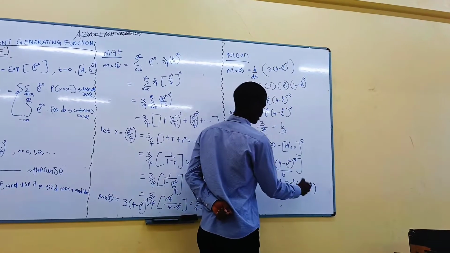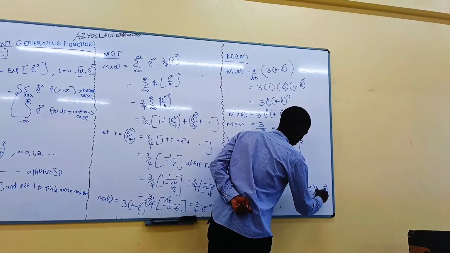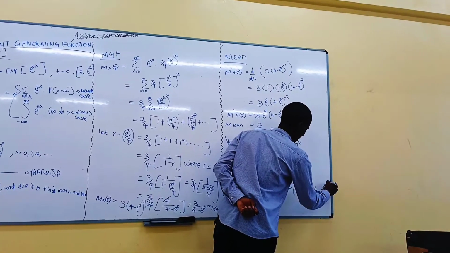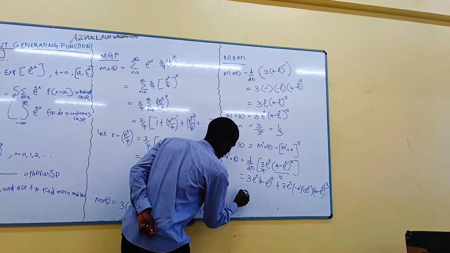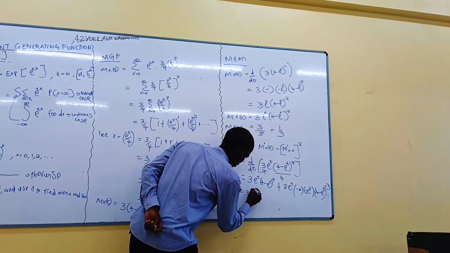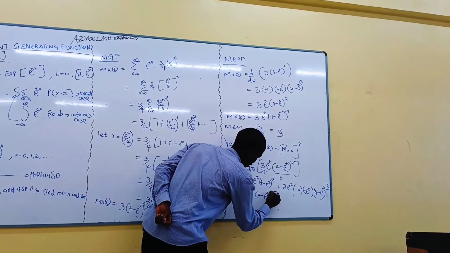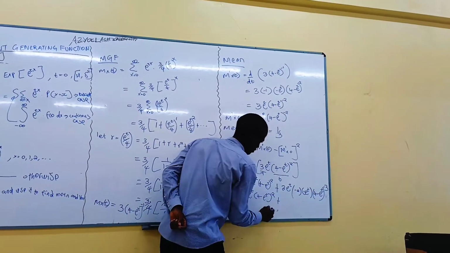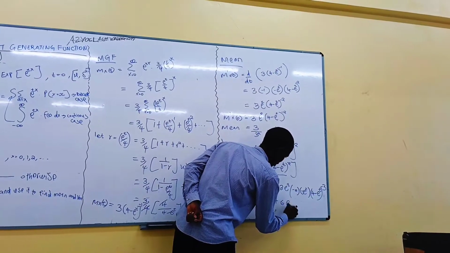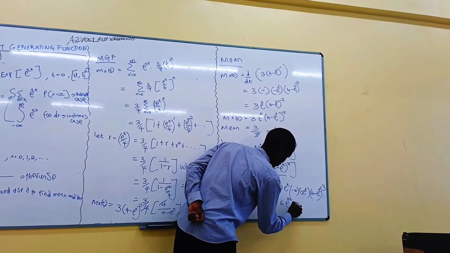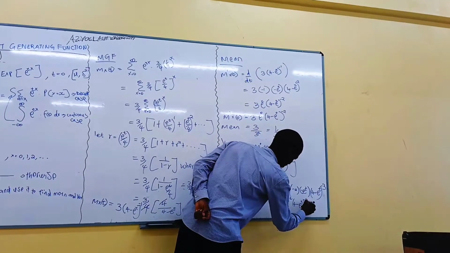And we write what is inside the bracket, which is 4 minus e^t raised to, we lower the power by 1, which is going to be negative 3. So, if we factor out, it is going to be 3e^t (4 minus e^t) raised to negative 2 plus 6e^2t (4 minus e^t) raised to negative 3.